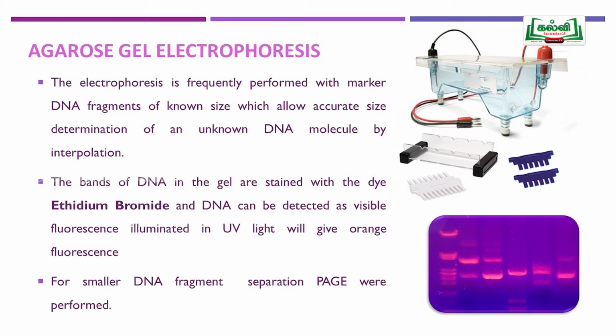Ethidium bromide emits light, especially orange or red color, visible under UV light. If the DNA molecules are too small, then we have to go for polyacrylamide gel electrophoresis for band separation.